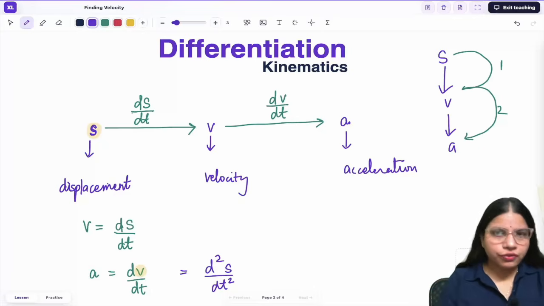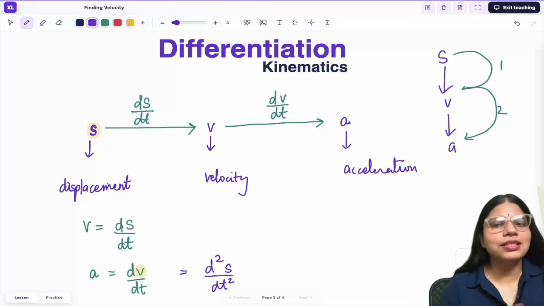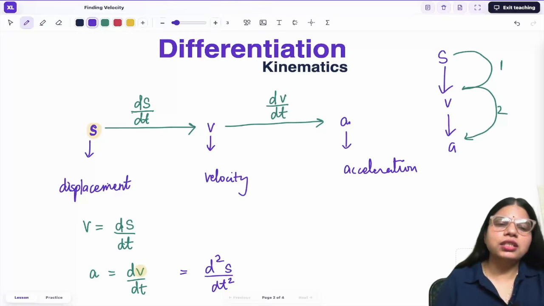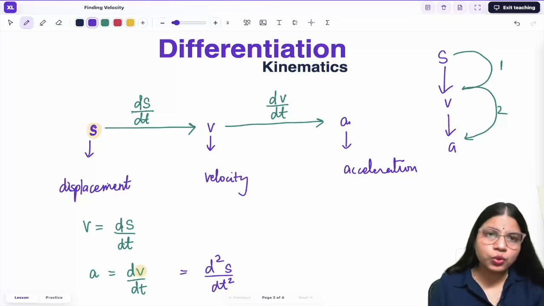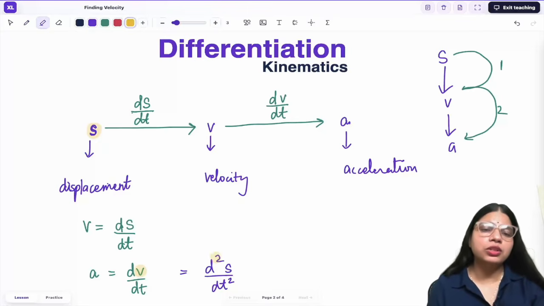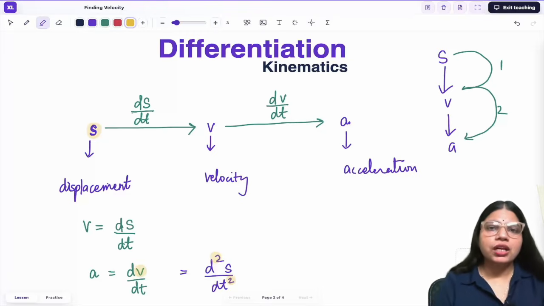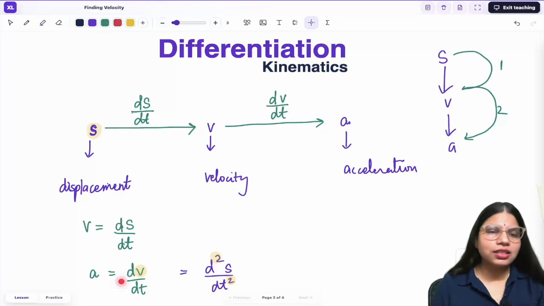It could be new for today, but slowly you'll understand why I'm writing 2 over there, because it's a second derivative. When we are writing just ds over dt or dv over dt, it's the first derivative. Why am I writing 2 over here, d2s over dt2, but not over here, dv over dt?